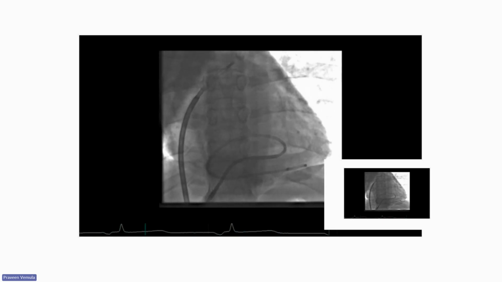Pericardium. This is the pericardium. So pericardium means we put the catheter to the femoral vein. No, this is the subcostal area where we put a catheter. Effusion, pericardial effusion. You can see the movement of the heart. Now the inner thing is moving, outside it is not moving.